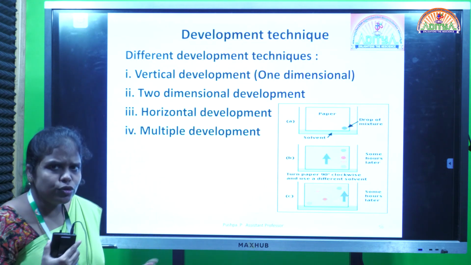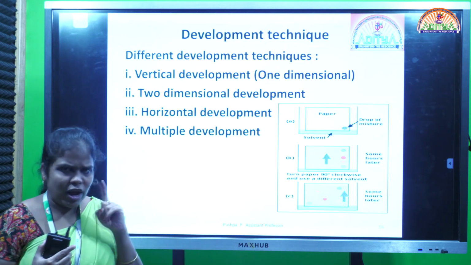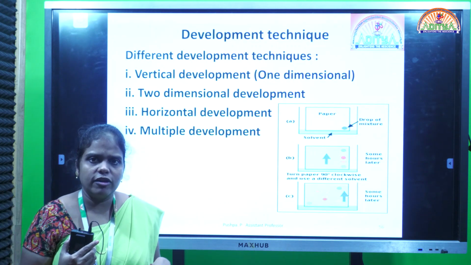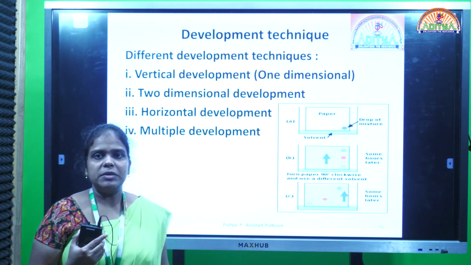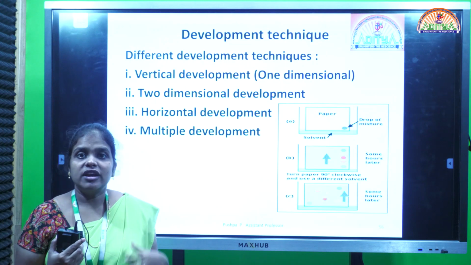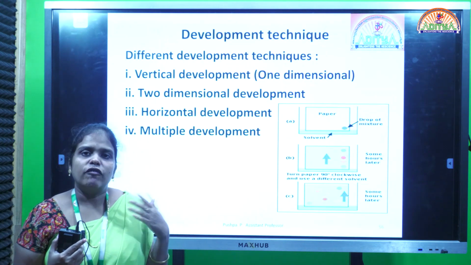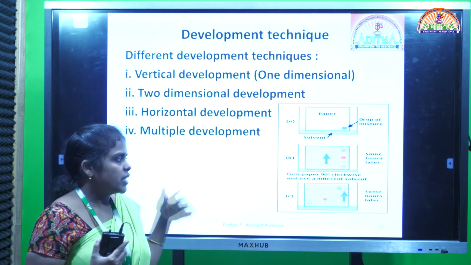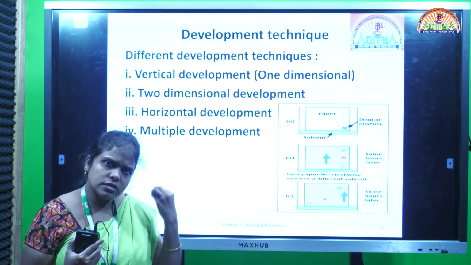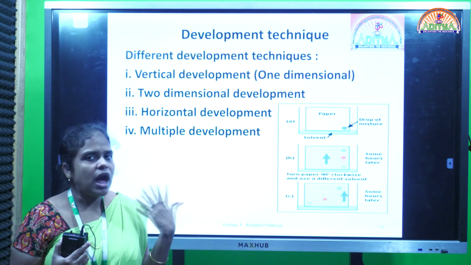What is the use? Why do we have to do these types of development techniques? Is one dimension not enough? If there is a complex mixture, that means whatever sample mixture we are going to separate contains multiple components, one component may not be separated in the one-dimensional elution technique. Some compounds will get developed in one-dimensional elution, but a few components can't be separated.